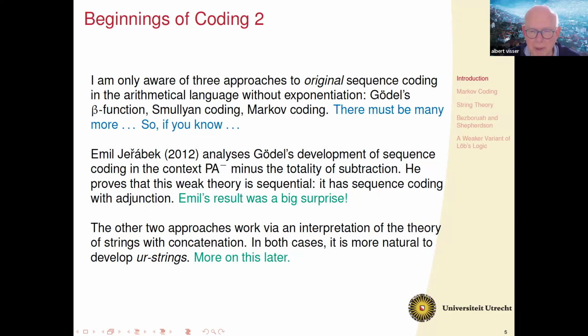Now, the other two approaches have something in common, the Smullyan way and the Markov way. You first start with an interpretation of the theory of strings, and then you use this theory of strings as an auxiliary to define the sequences. That's the common factor in both.